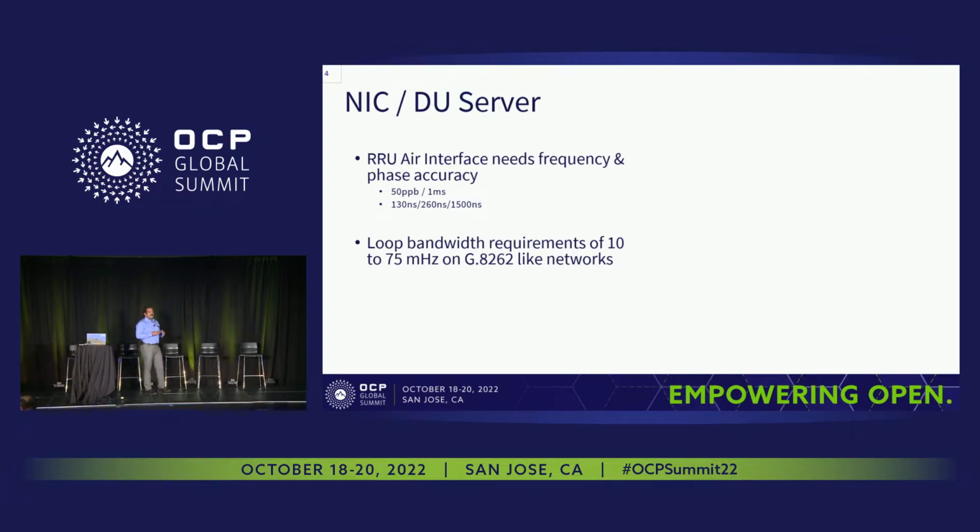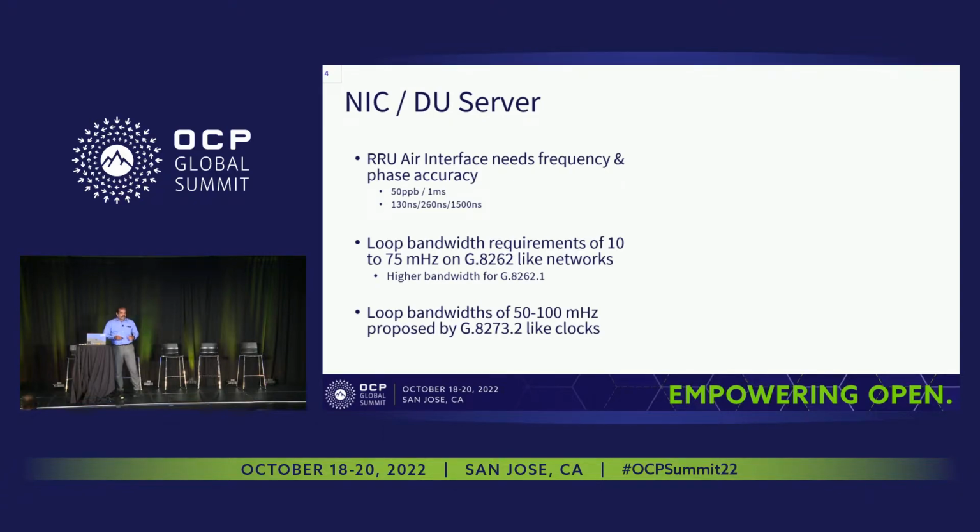Is it using the traditional SyncE network, which is a G.8262-like network? Then probably we are looking at maybe a 10 to 75 millihertz loop bandwidth in the endpoint. But how much is that that is required in the switching or the compute element itself?